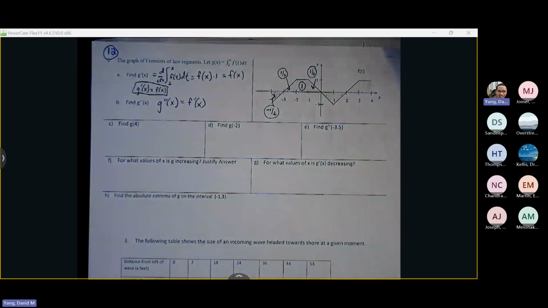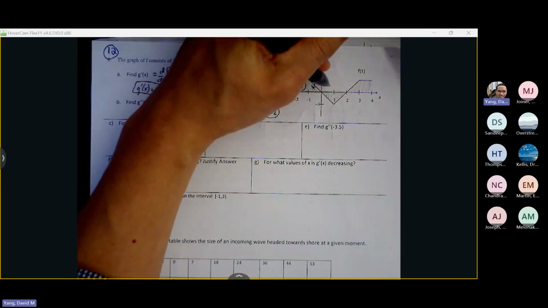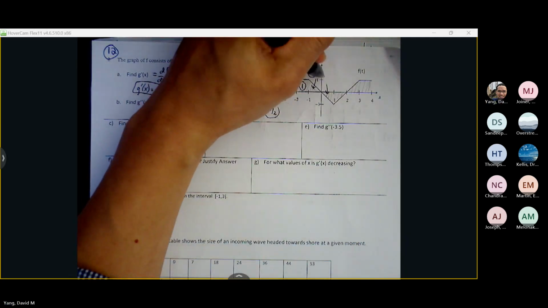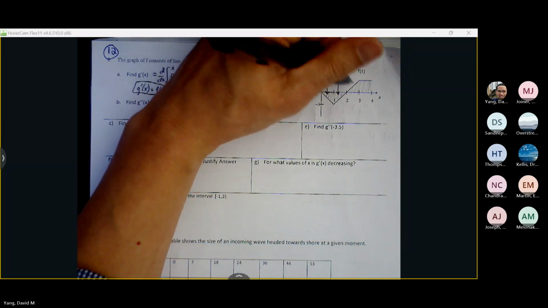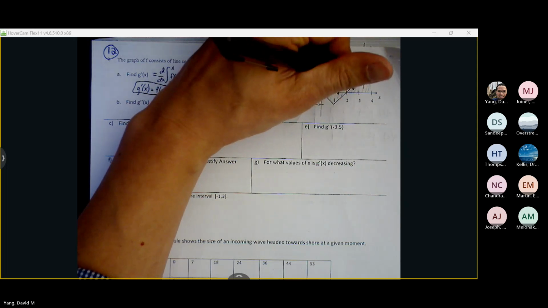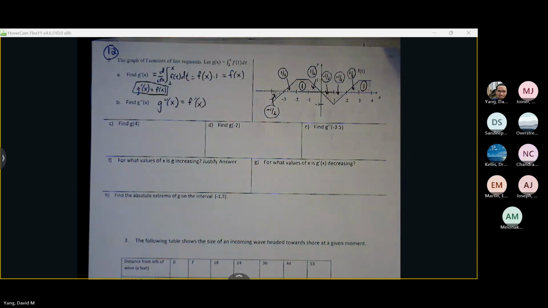Triangle is 1/2 base times height. Okay. Zoom in.